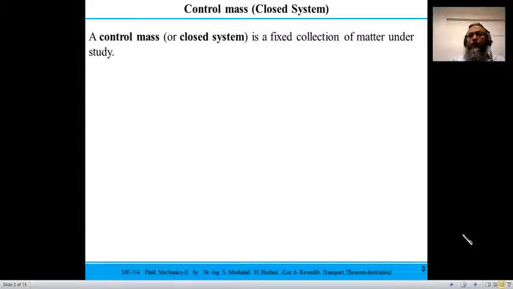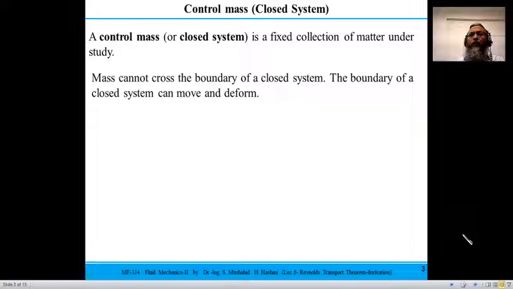Okay, let's talk about closed system. Once we talk about closed system, it means no mass can enter, no mass can leave. You know this from the subject of thermodynamics, but here we call the same closed system a control mass, because a control mass is just a fixed collection of matter which is under study, and the amount of matter or the entity which is under study is not going to change as the time progresses.